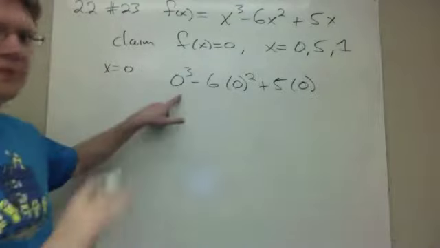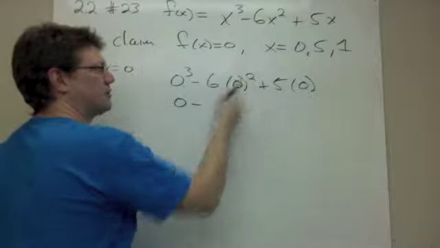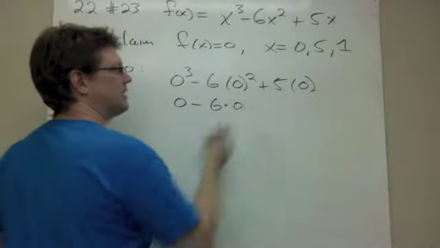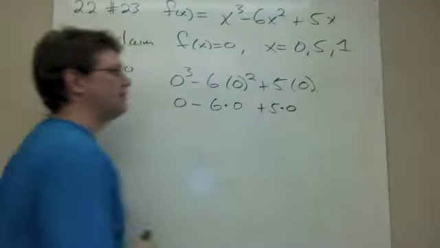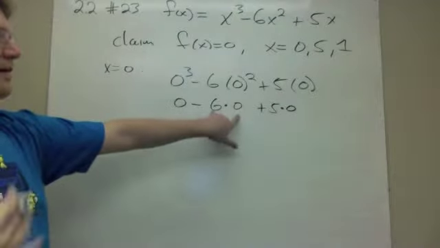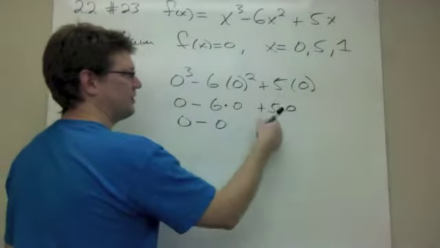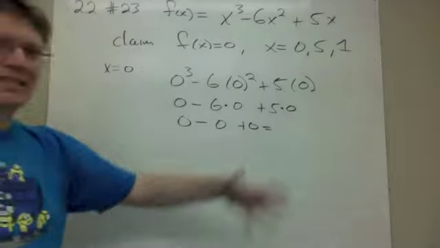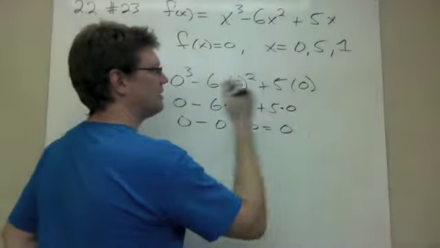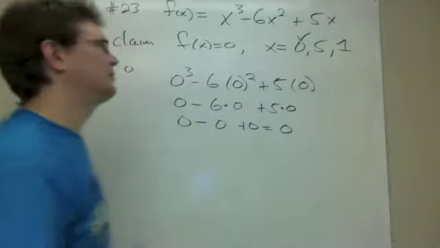Well, 0 cubed is 0. 0 squared is 0, so we're going to get 6 times 0, and anything times 0 is 0. So this is 0 minus 0 plus 0. Adding and subtracting 0 doesn't give us anything, so we do get a 0. So this one checks out.